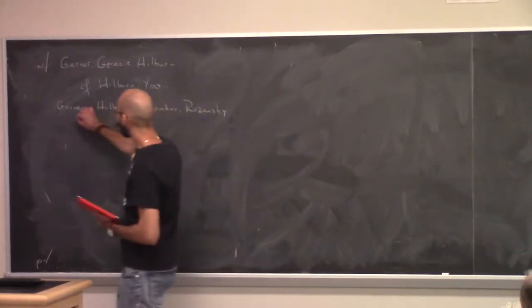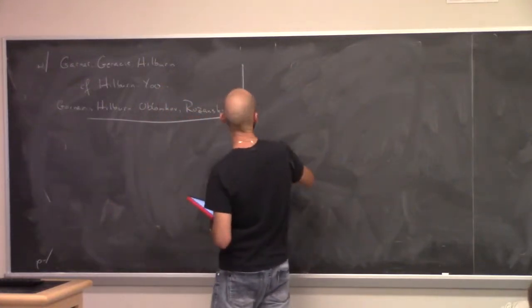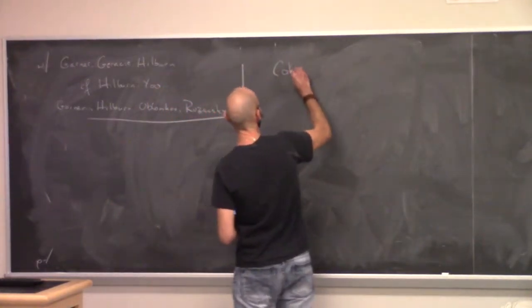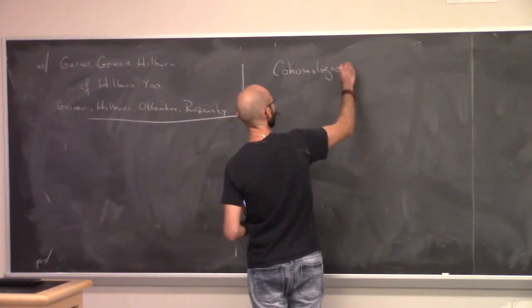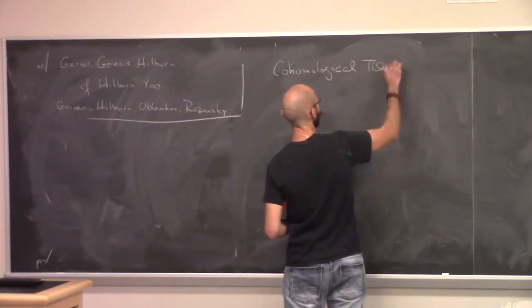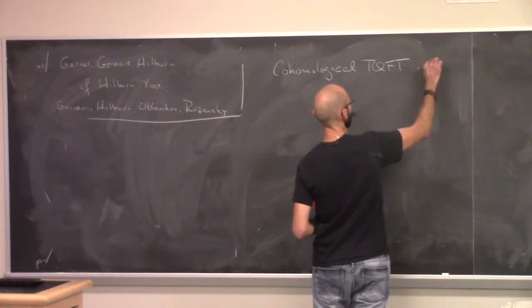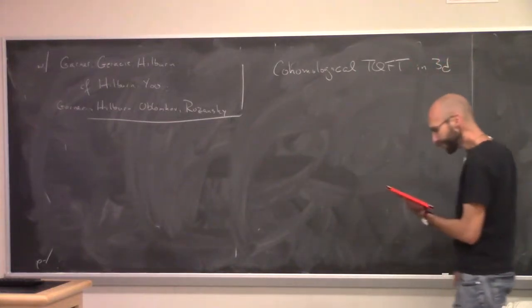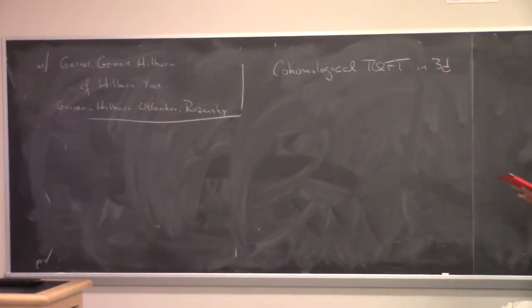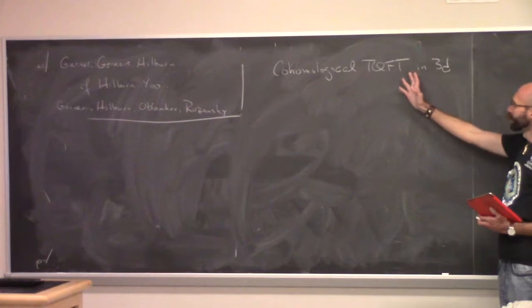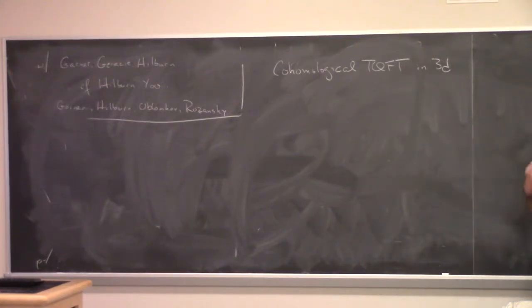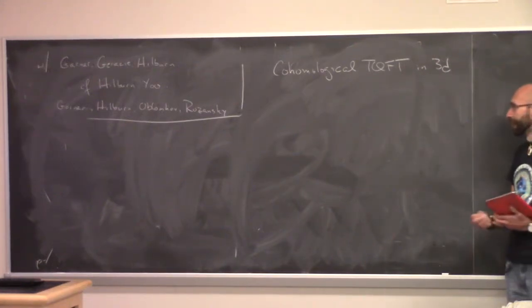So let me start with cohomological TQFT in 3 dimensions. The prototypical model of such a TQFT is Rozansky-Witten theory.